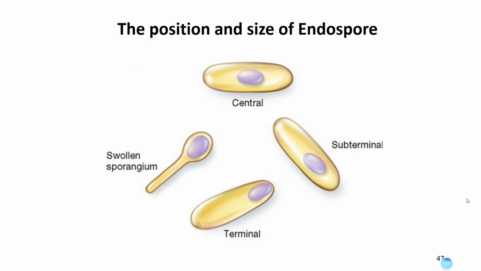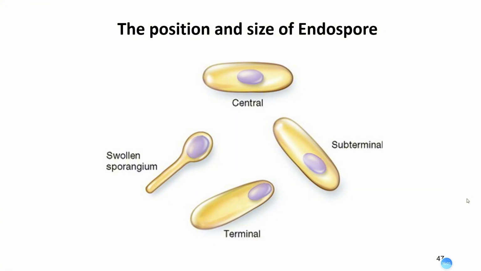And the endospore can be formed in different parts of the cell. Some form in the center part, so this is central endospore. Some form in the exact terminus, so we call it terminal endospore. And this one is close to the terminus, we call it subterminal endospore.